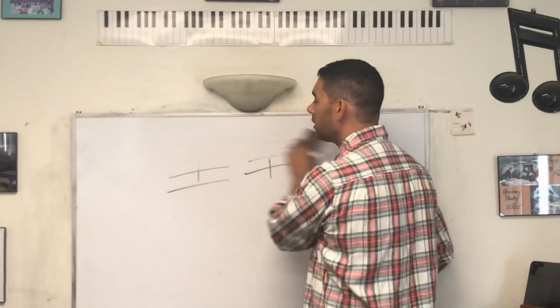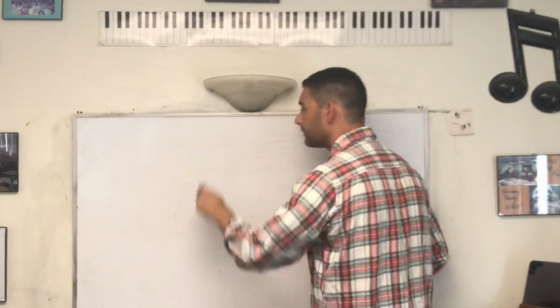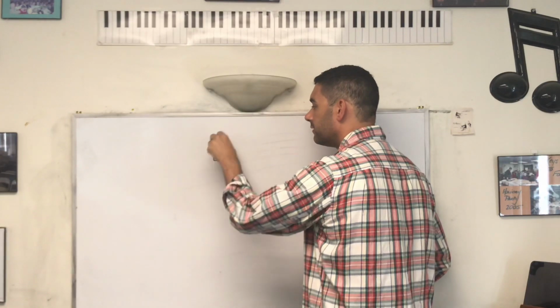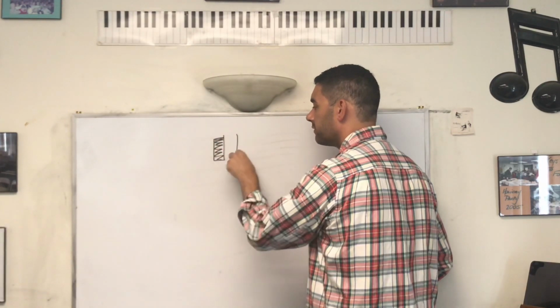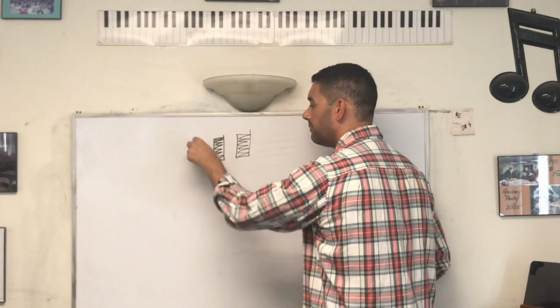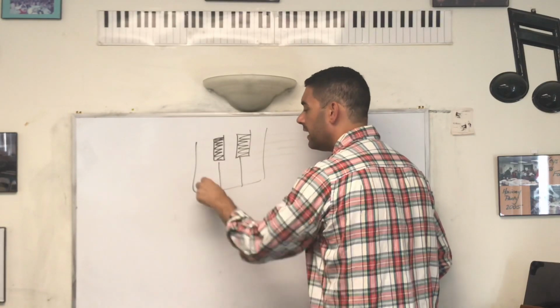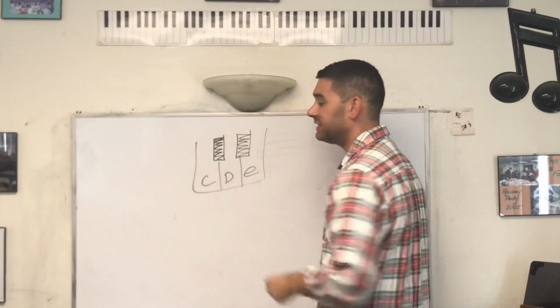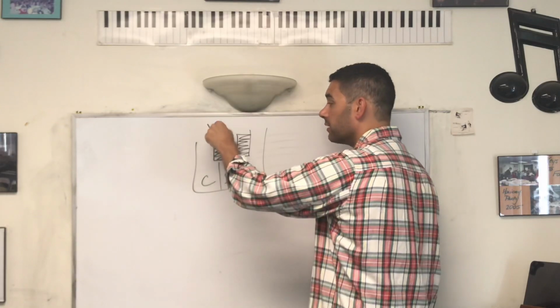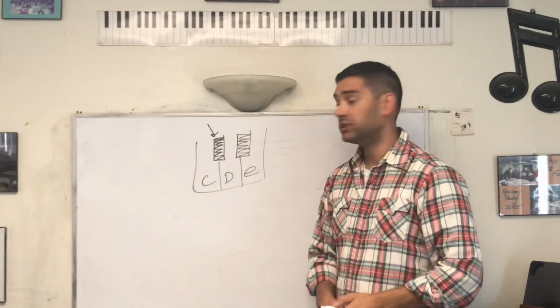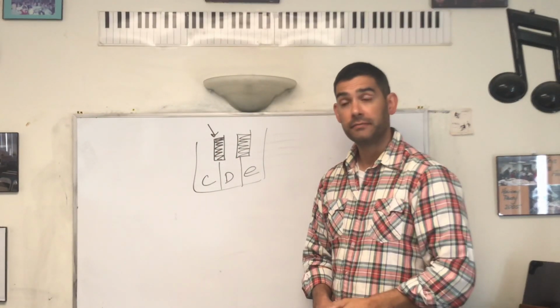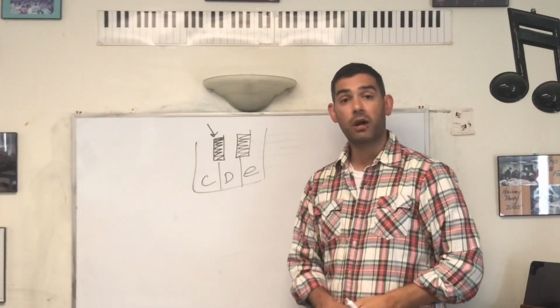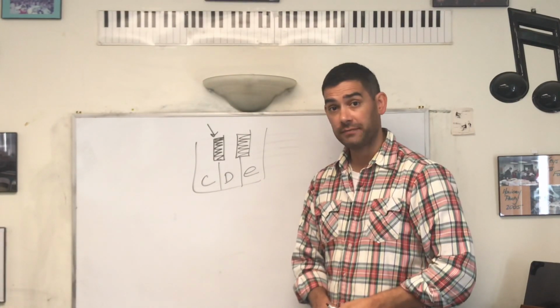If I'm looking at my key structure, and forgive me here for I'm a music teacher, not an art teacher. If this is a C, that's a D, and this is an E, this note here is both a C sharp as well as a D flat. This note here is both a D sharp as well as an E flat.